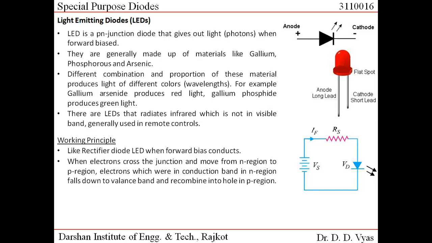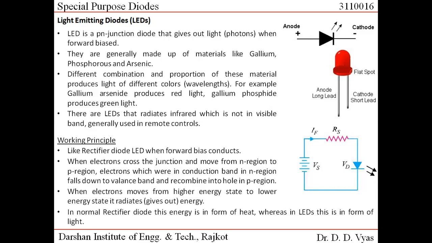In a normal PN junction diode or rectifier diode, this energy is given out in the form of heat, whereas in an LED, this energy is given out in the form of light. Hence, whenever you forward bias an LED and a sufficient amount of current is passing through it, the LED emits light.